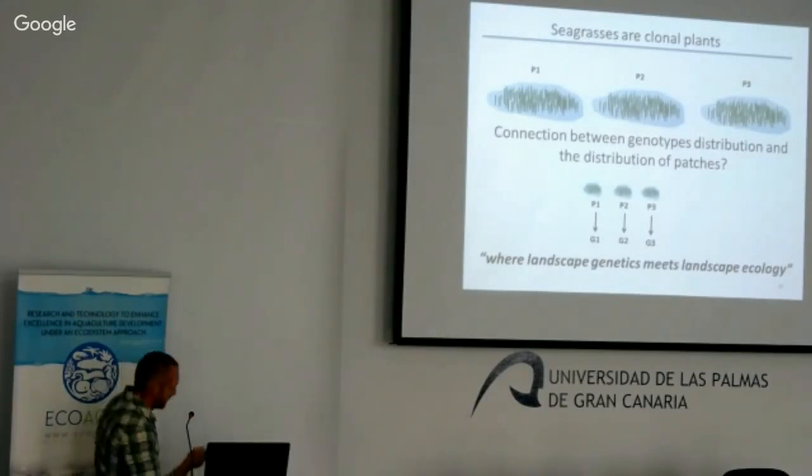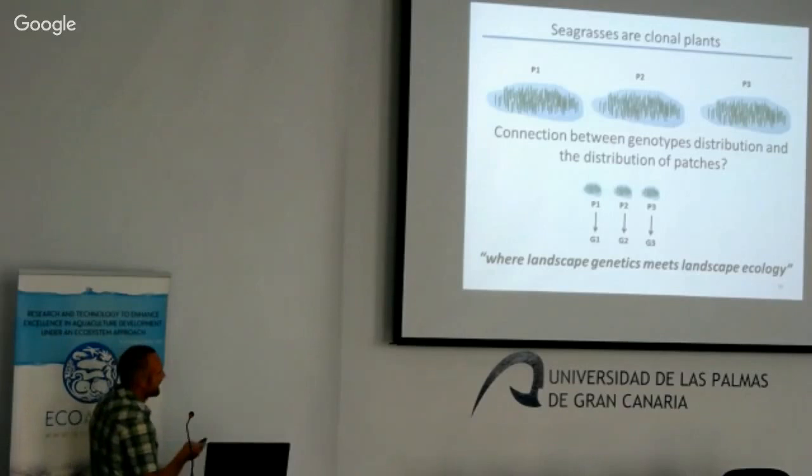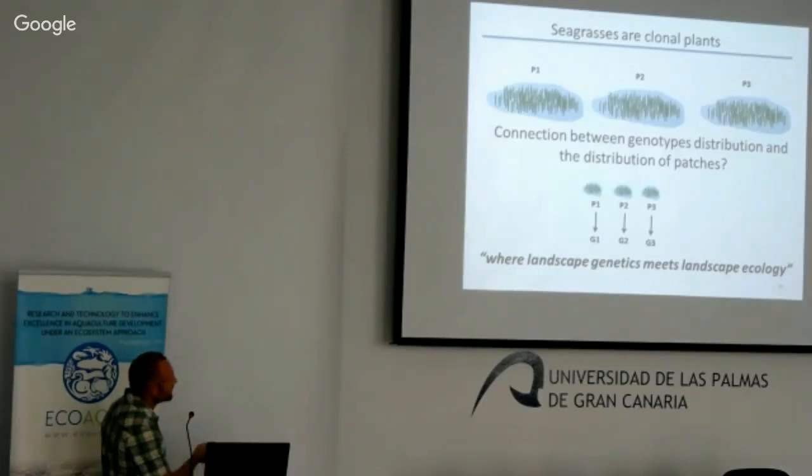As I said before, seagrasses are clonal plants, so in theory we can expect a connection between how the genotypes distribute on the bottom and how the patches are distributed. Okay, in theory, and that's why we need to incorporate ecology with genetics, and that's why landscape genetics needs to meet landscape ecology.